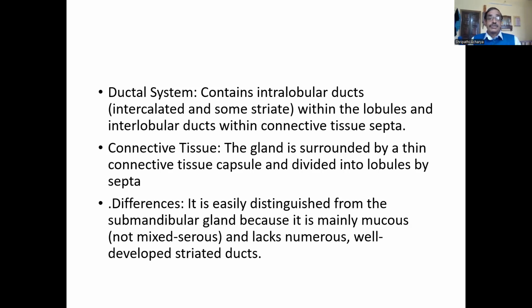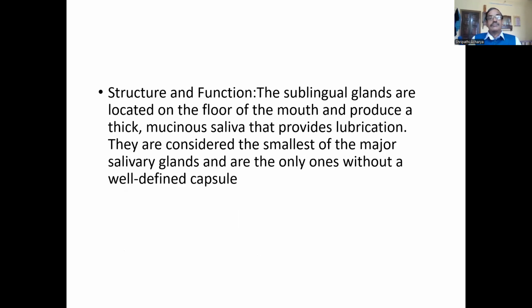Differences. It is easily distinguished from the submandibular gland because it is mainly mucous, not mixed serous, and lacks numerous well-developed striated ducts. Structure and function: sublingual glands are located on the floor of the mouth and produce a thick, mucinous saliva that provides lubrication.